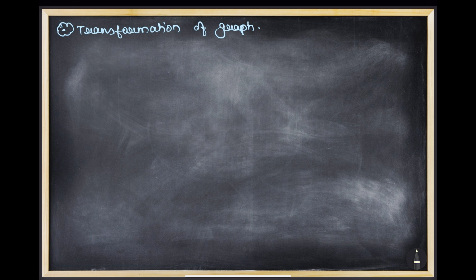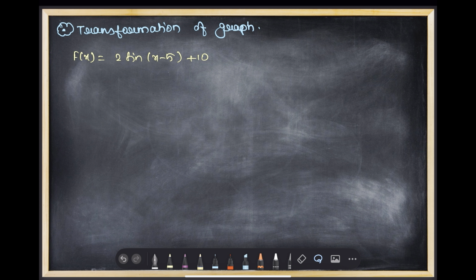So suppose that I have asked you to handle this situation: 2 sine x minus 5 plus 10. How will the graph of this function look? We have to understand. In this part, we will break these things down into minute topics, and understand what will happen in which cases.